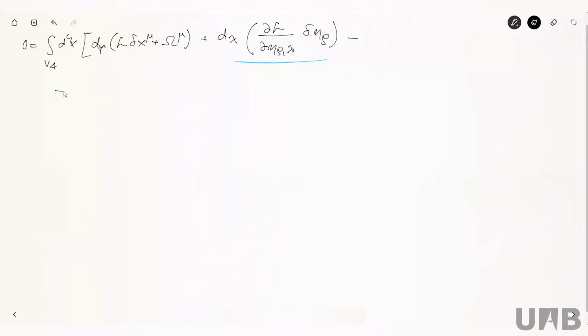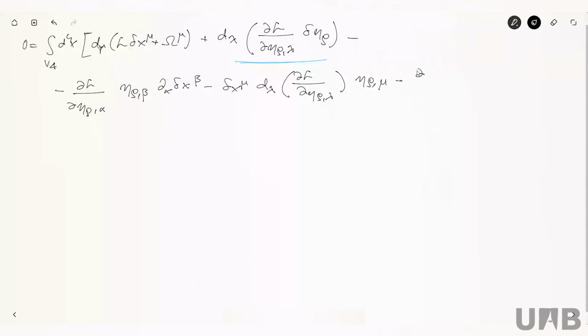So it's minus derivative of L with respect to eta rho comma alpha, eta rho comma beta, derivative alpha delta x beta, minus delta x mu, total derivative lambda, derivative of L with respect to eta rho comma lambda, eta rho comma mu, minus derivative of L with respect to eta rho comma alpha, derivative mu, eta rho comma alpha, times delta x mu.